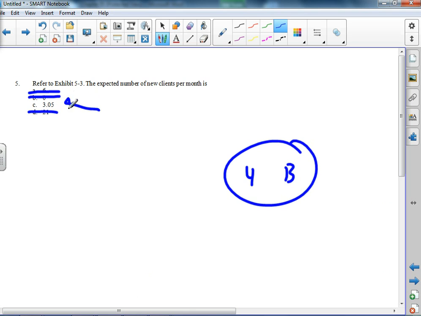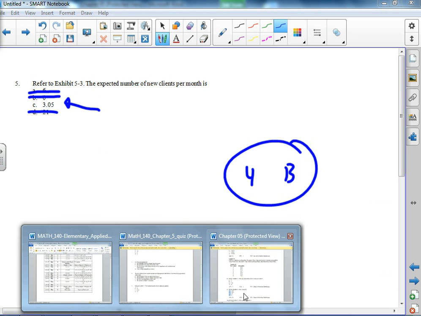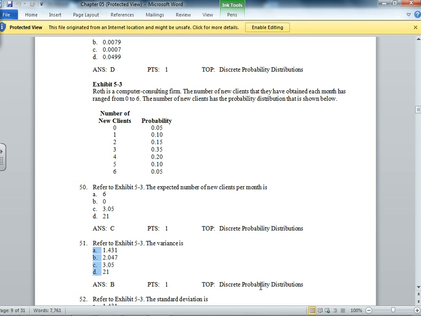So there's only one thing it can be, and that's Charlie. So when I look at the data, it can't be 21 because I only have 6 of them. It can't be 0 because that's not very many. It's got to be something in the middle. So the only one in the middle was the 3.05.